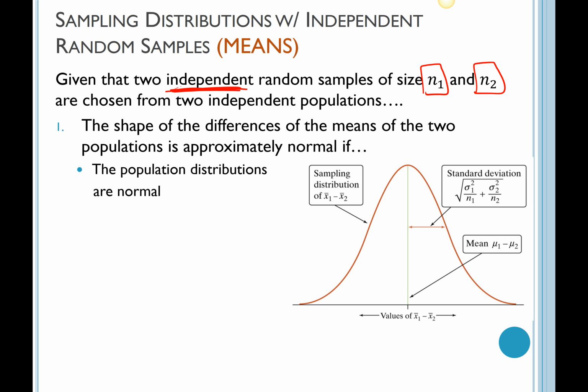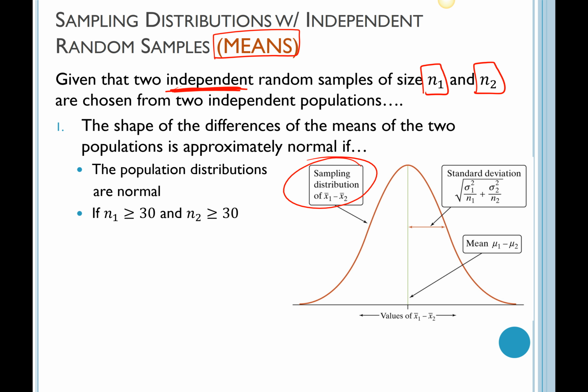All right, again, we're going to talk about the shape of the difference of the means in the two populations. It is going to be approximately normal if the same conditions apply that we've already discussed in Chapter 9. So with means, remember, if the population distributions are normal, that's going to lead to the sampling distribution of x bar 1 minus x bar 2 being normal.